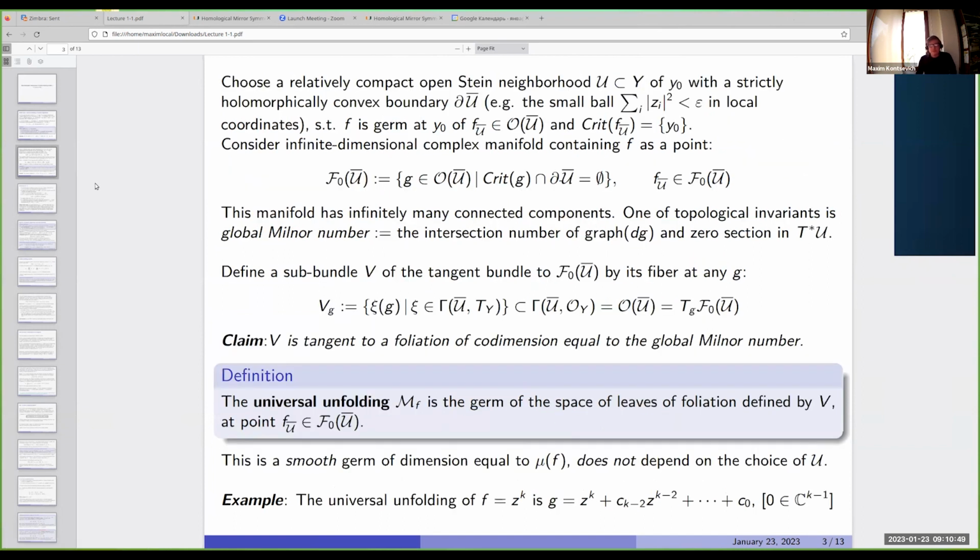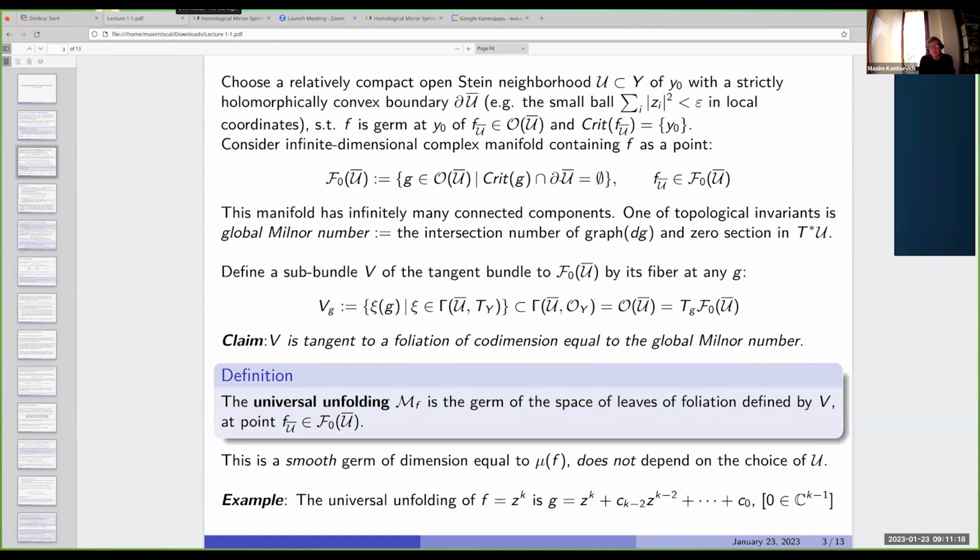Now I want to define for you something called universal unfolding. One can say it's a kind of deformed singularity with sufficiently many parameters, but let me give you a kind of canonical definition, which is not in the textbook. First, you choose an open Stein neighborhood of your point with a strictly holomorphically convex boundary, so the Levi form will be strictly positive.